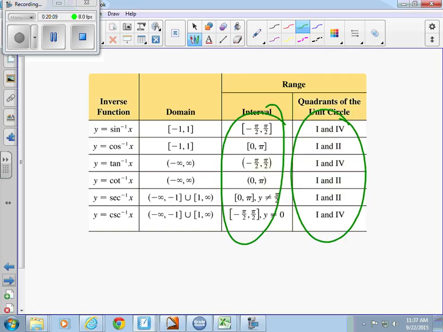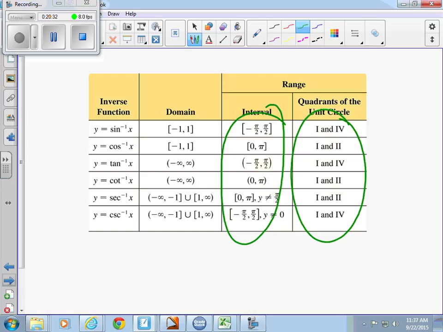For sine and cosine, you're probably not going to mess those up because they're not negative in the other one, like cosine's not negative in quadrant 4. And then none of them are in quadrant 3.